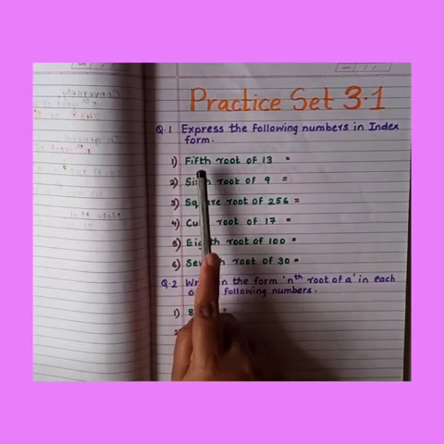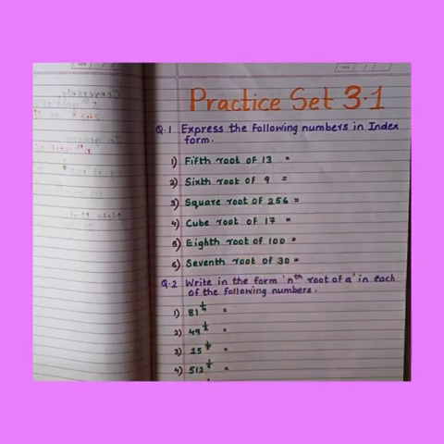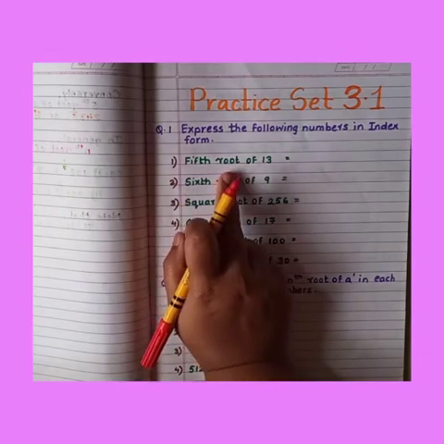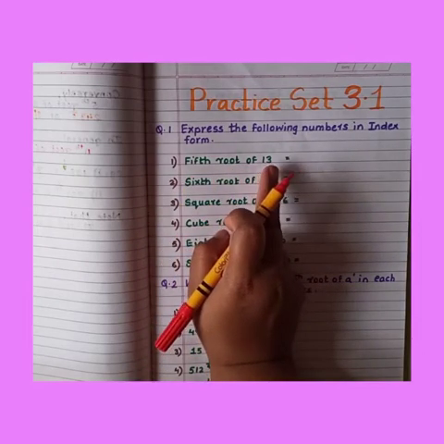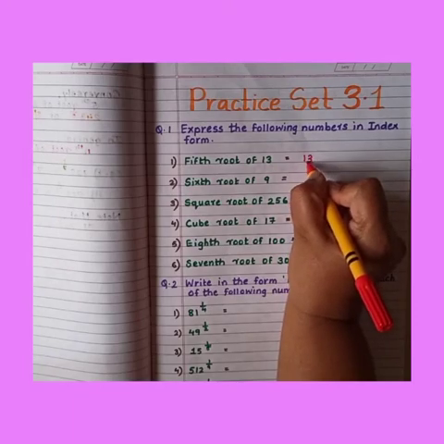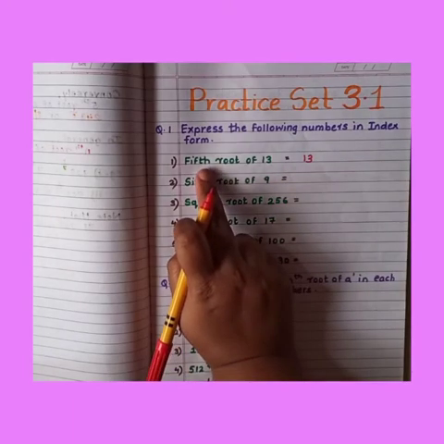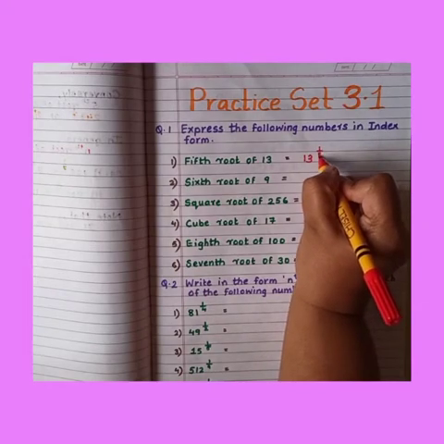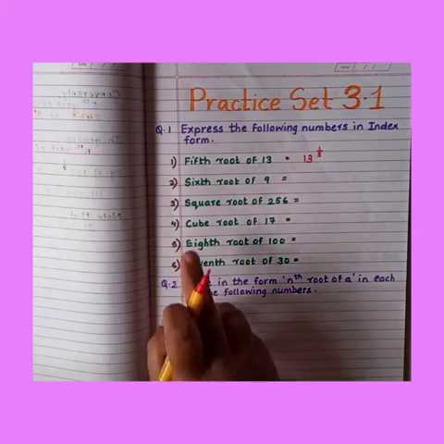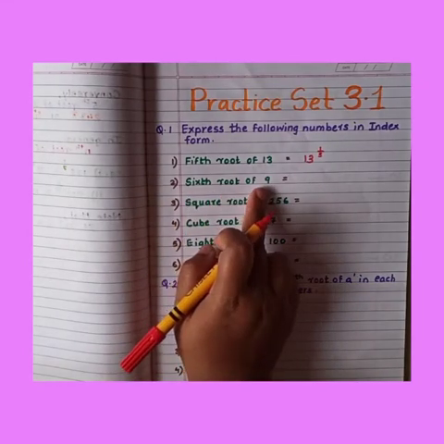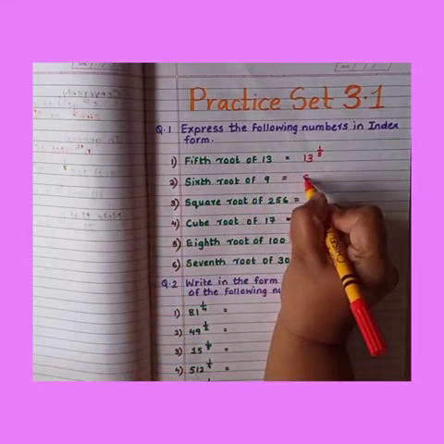First one, fifth root of 13. Now students, here they said fifth root of 13. Which number? 13. So write down 13 first. Fifth root, that means 1 upon 5. Got it? Question number 2. 6th root of 9. Which number? 9.